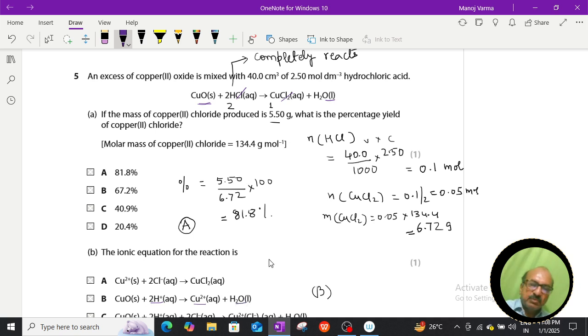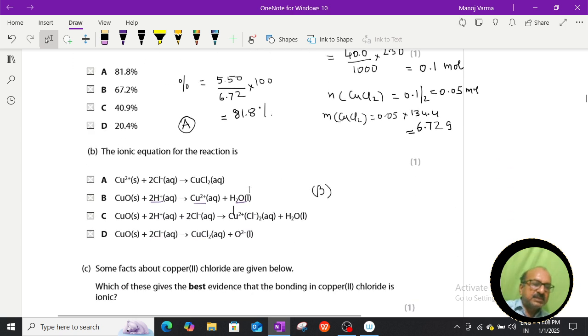So B seems to be the correct answer, and B is the correct answer. If you go to option C, then you find that they have not cancelled the chlorides, therefore it is wrong. And here they have ionized water, but water is a liquid, it will not give you oxide ion, so this is also wrong. So the correct answer is B.